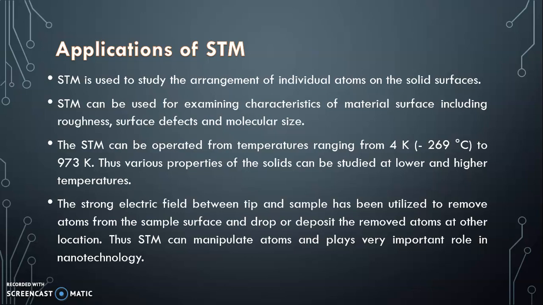The STM can be operated at temperatures ranging from 4 Kelvin, that is minus 269 degrees Celsius, to 973 Kelvin. That range of temperature is very wide, so even at a very low temperature such as 4 Kelvin, we can use the STM.